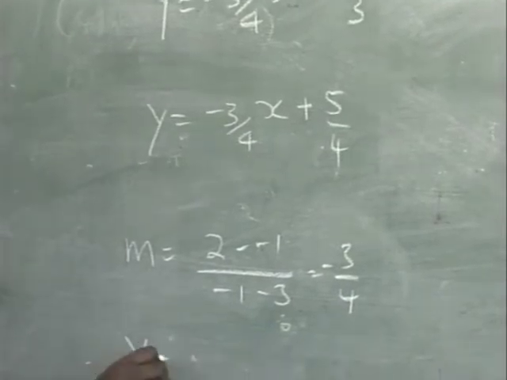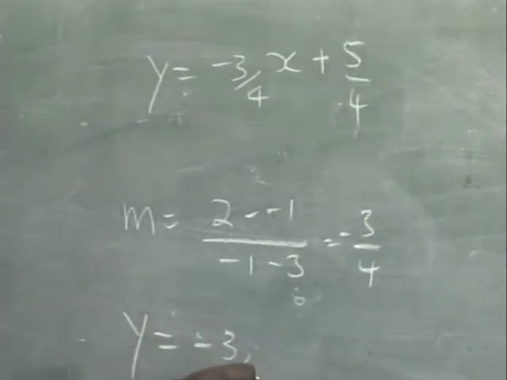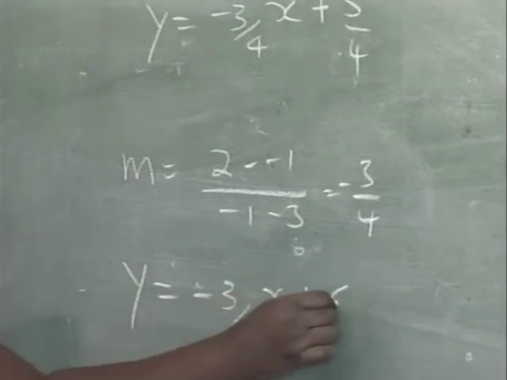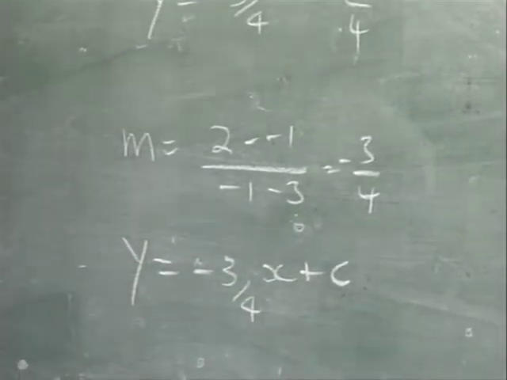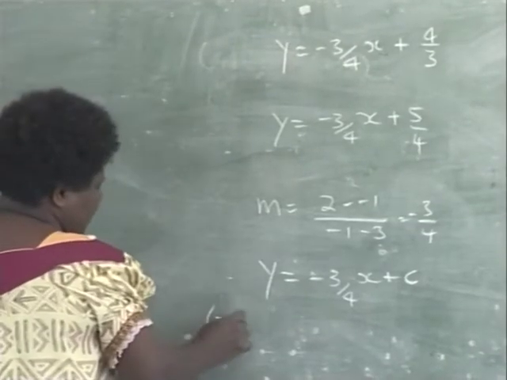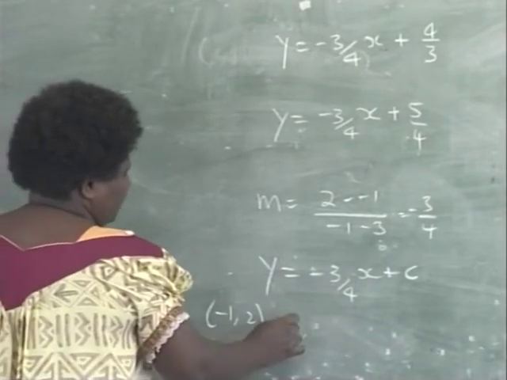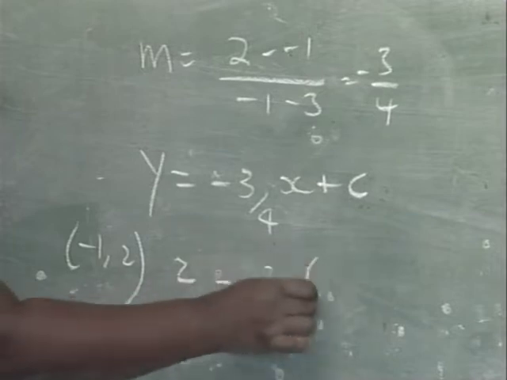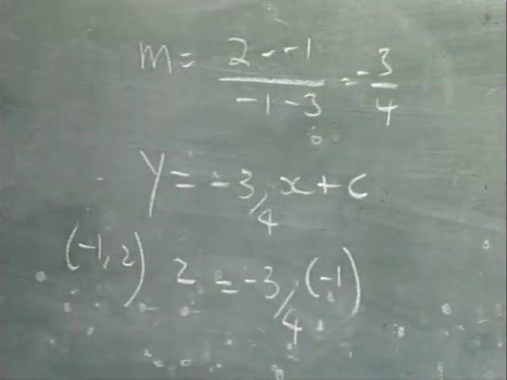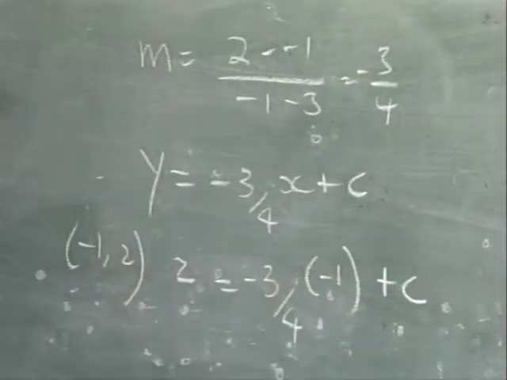So the equation will be y equals minus 3 on 4x plus c. If I substitute the point negative 1, 2, I will get 2 equals minus 3 on 4 times minus 1, plus c.